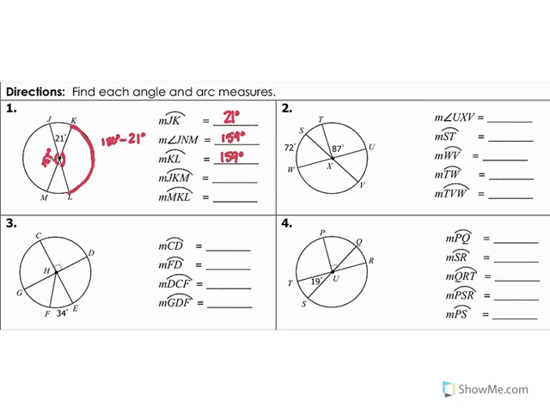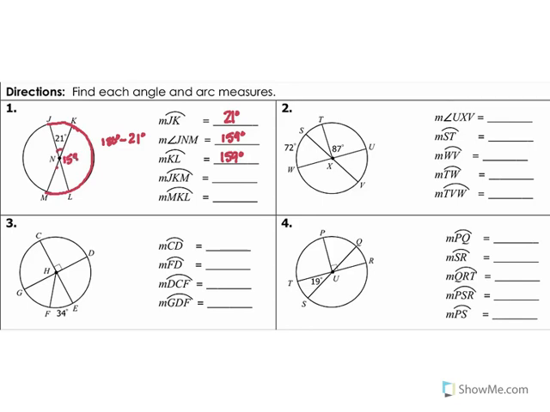So remember, the angle is the same measure as the arc associated with it. Now we're going to do angle JKM, or arc JKM. So J, K, and then all the way around to M.